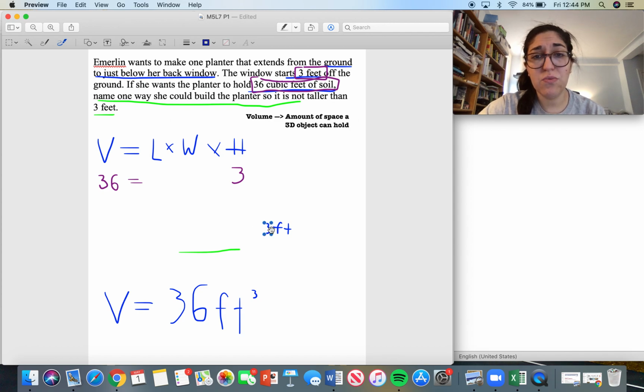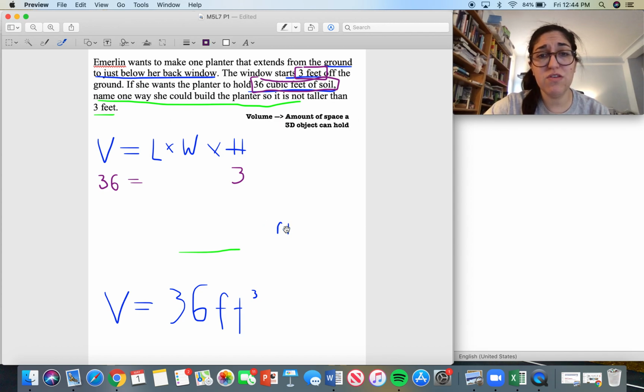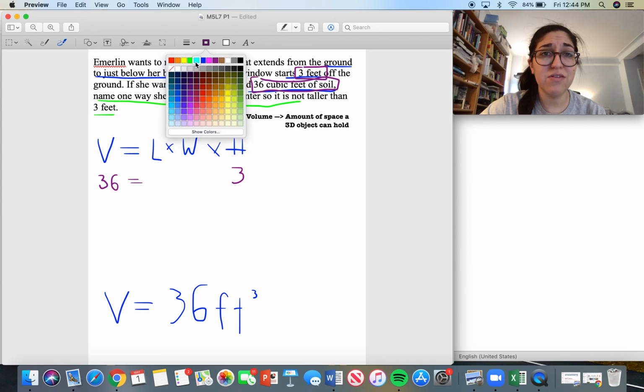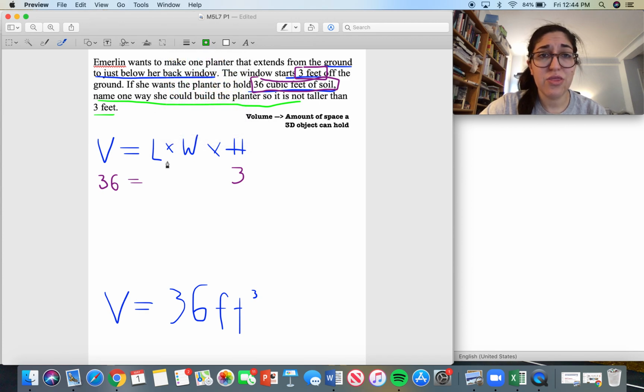And so what's different from normal is today we are being told that we need to find this and this. We need to find the length and the width. And whatever the length and the width are, when I multiply them, it can't be more than 36.